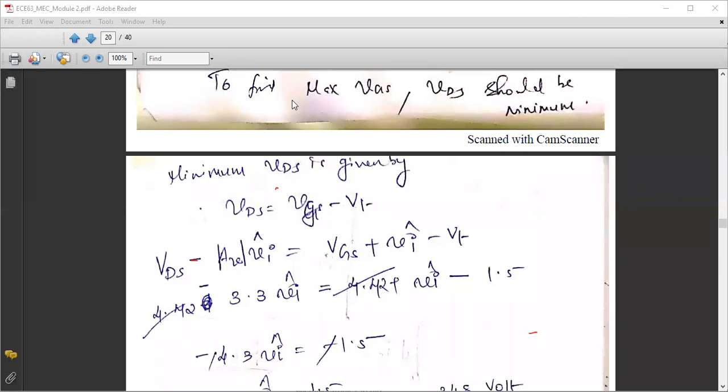That is why maximum input at the gate means minimum output at the drain. If you impose a condition like maximum input at the gate terminal, then correspondingly we have to take minimum voltage at the output terminal, because this is an inverting amplifier. Is that clear for you, students?